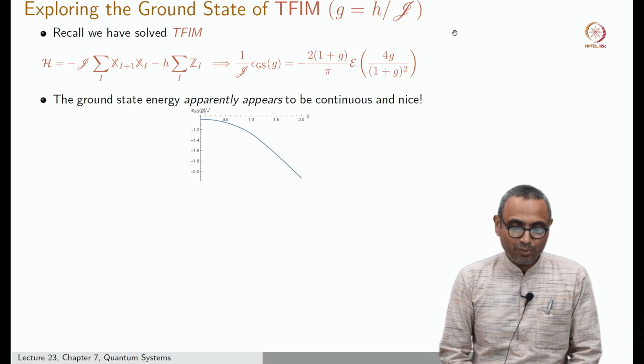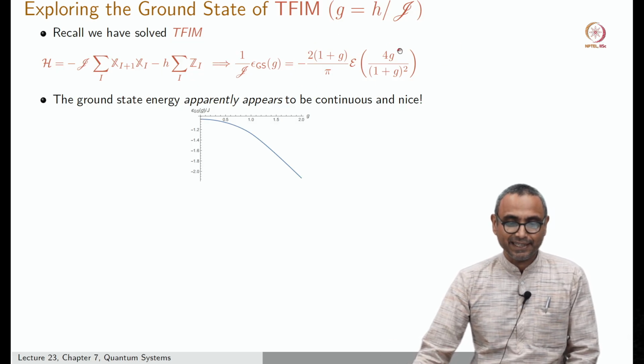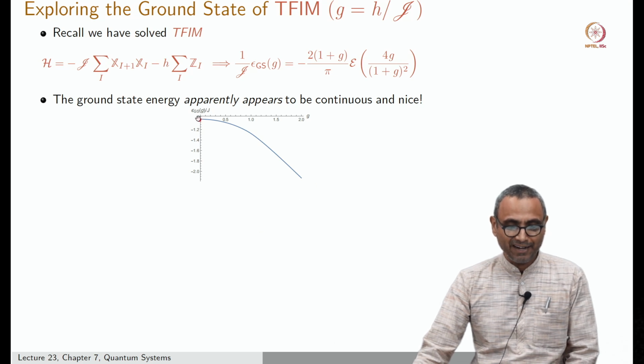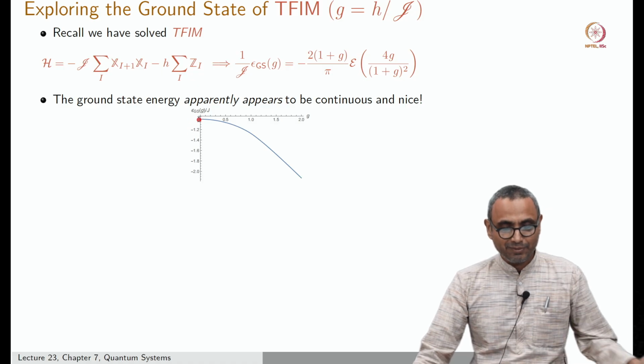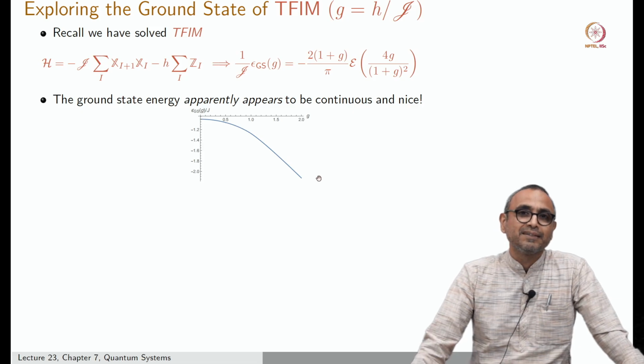Okay, now I can simply use any mathematical software and I can try to plot what this quantity is, and here, I have done that. So I am plotting ground state energy as a function of g. So this is our h equal to 0 point, and it starts at -1, as we know, and then it sort of goes nicely without any problem.